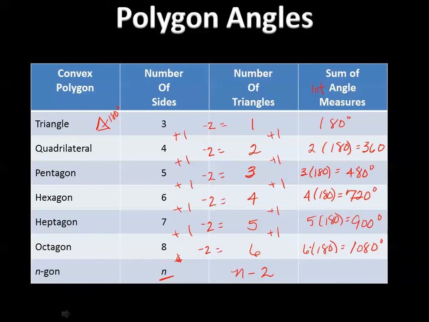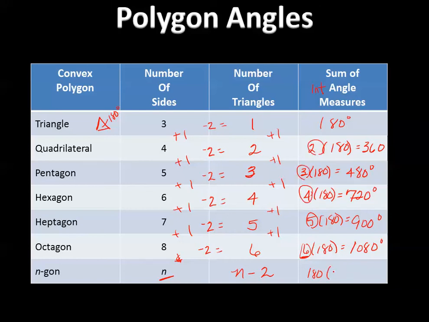And then, if you look right here, this is the number of triangles. If you look in this last column, I'm always multiplying everything by 180, and this number always represents my number of triangles.